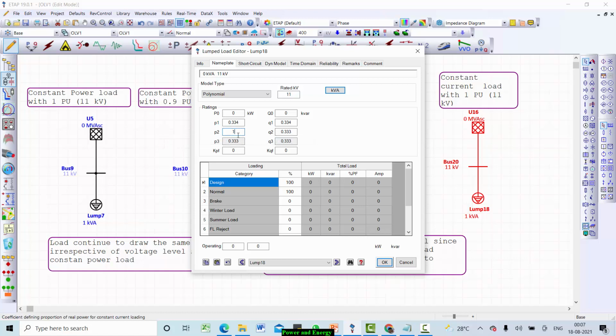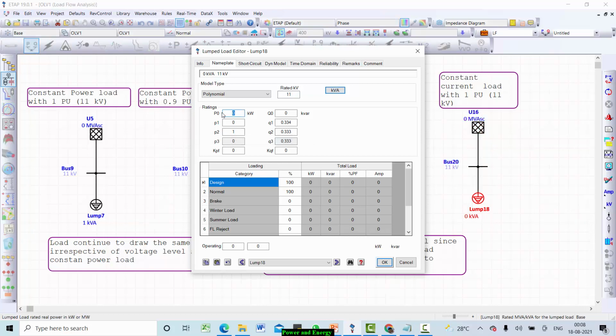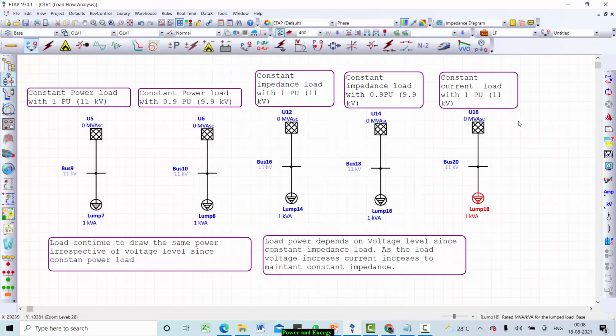These represent the percentage of constant current, constant impedance and constant power value. Say for example, I am going with P2 as 1, where P1 is constant impedance and P3 probably constant power. Now run this one.